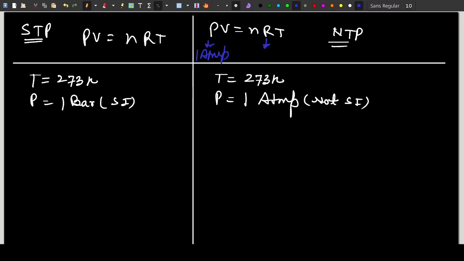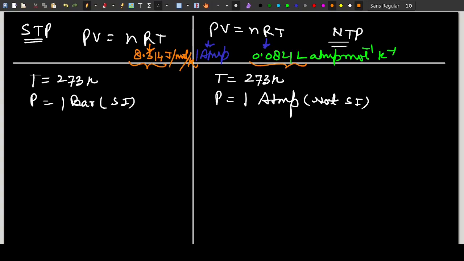We should take the value 0.0821 liter atmosphere per mole per Kelvin. And what value of R should we take here? It is 8.314 joule per mole per Kelvin. This value of R and this value of R.